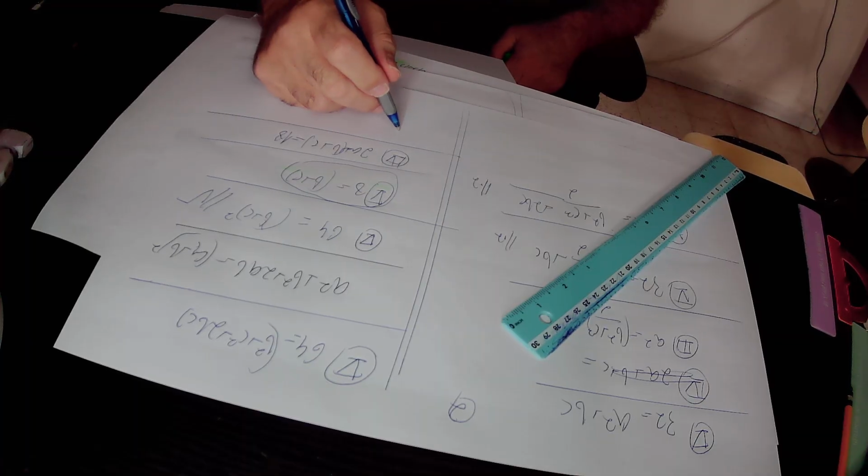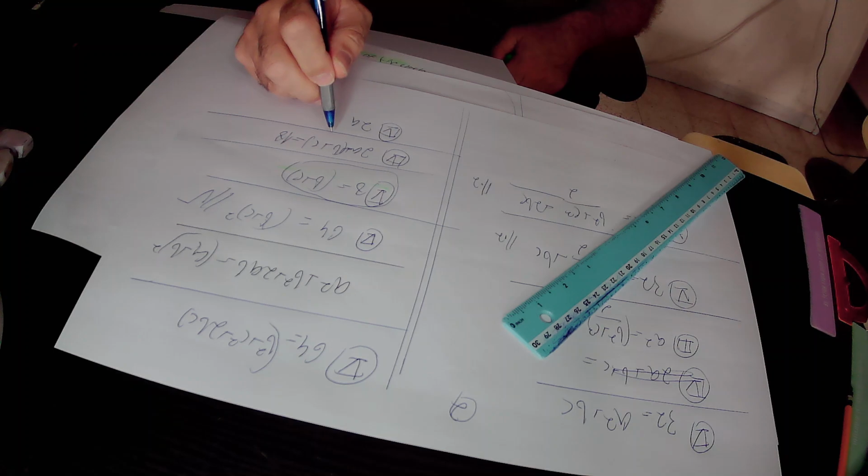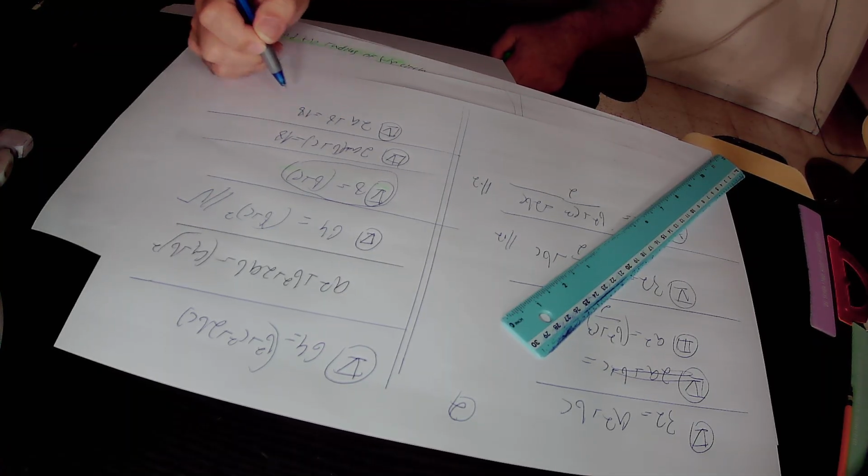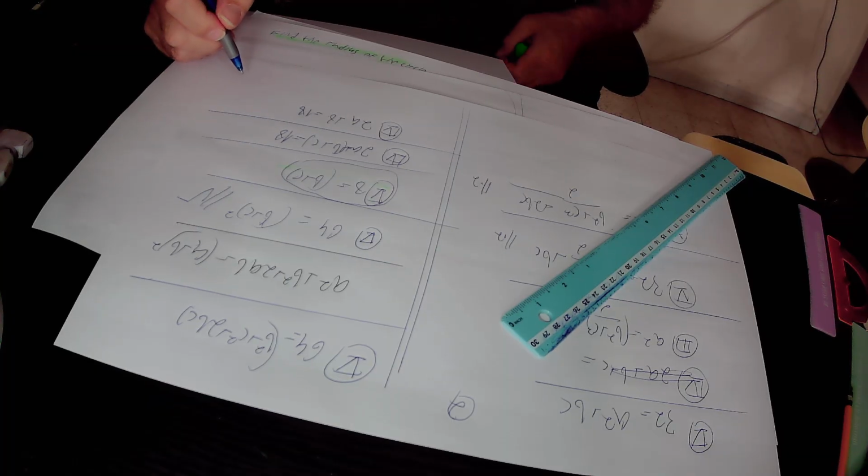We do it now, we get that 2a plus b plus c, which is 8 according to equation 5, equals 18. So according to equation 4, we found that 2a plus 8 equals 18.